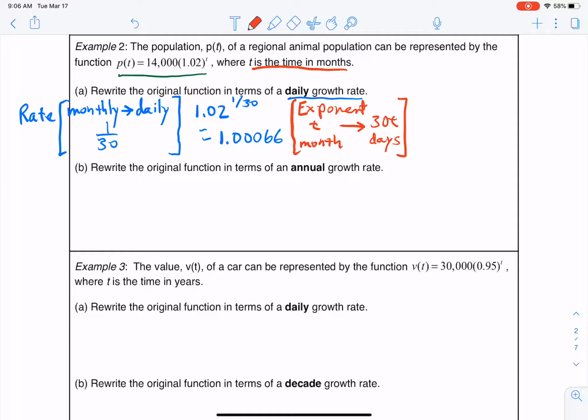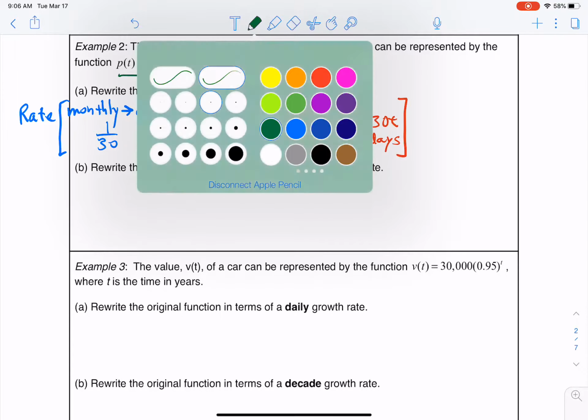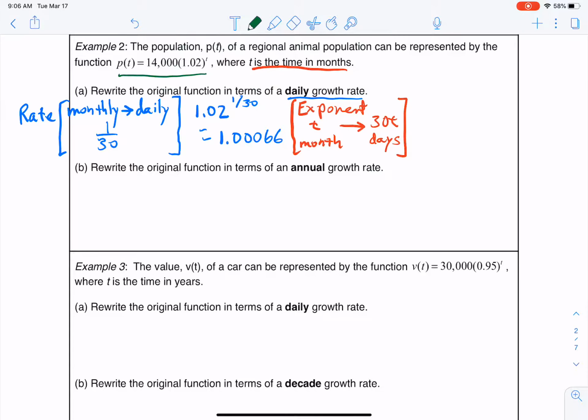All right, so that gives me the information I need for my equation. So my new equation is going to be P of t equals what I start with, so 14,000 times 1.0006 raised to the power of 30t. Let me rewrite that 30t because it came out messy.